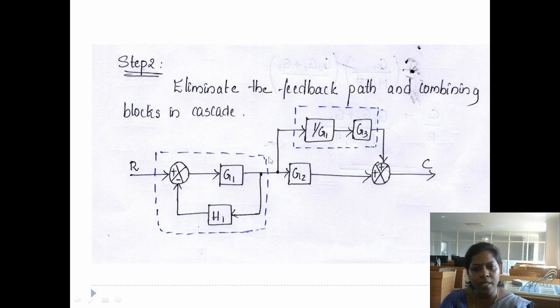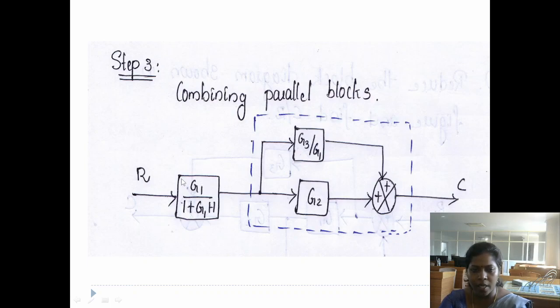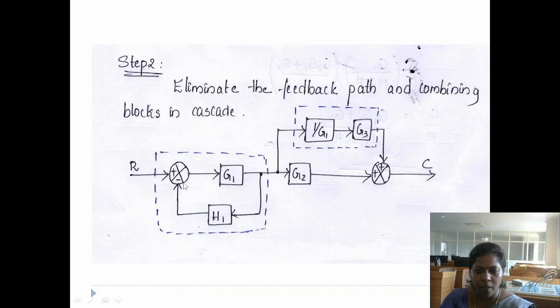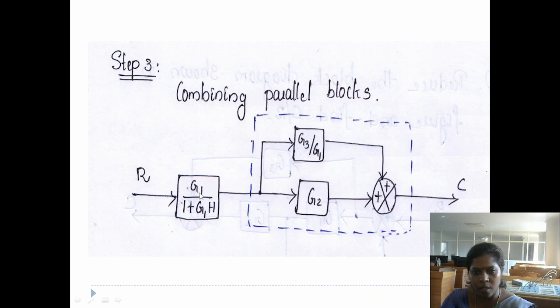And for eliminating the negative feedback loop, use the formula G divided by 1 plus G into H. So here we have done that. That is G1, then we will get the block G1 divided by 1 plus G1 into H1.